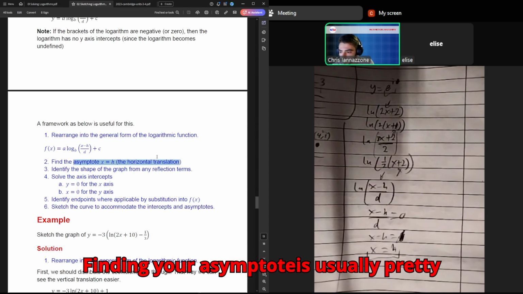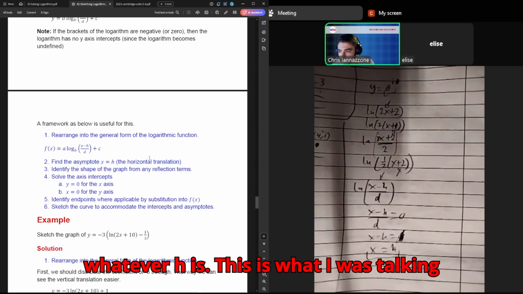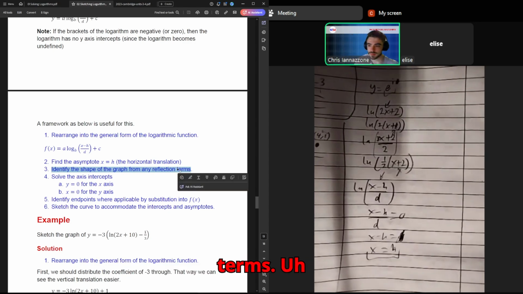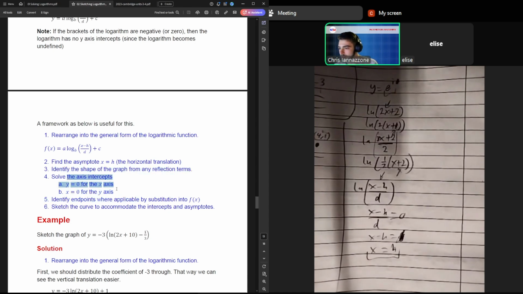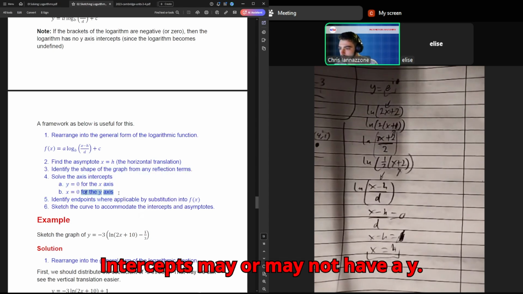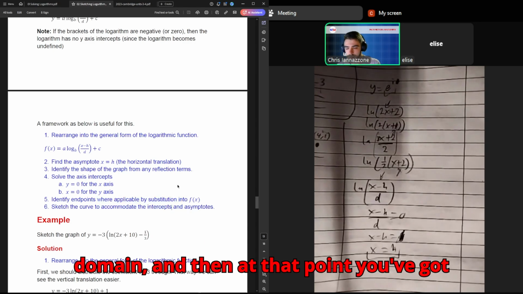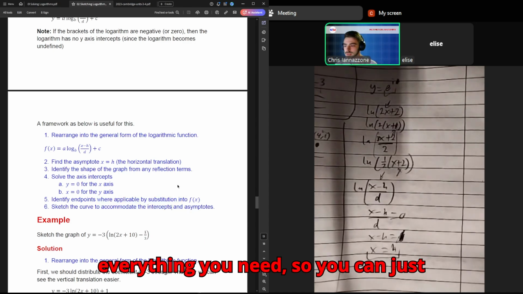Finding your asymptote is usually pretty easy from that point onwards. It's just whatever h is. Then identifying the shape of your graph through the reflection terms. Intercepts may or may not have a y. Endpoint if you have a restricted domain, and then at that point you've got everything you need, and so you can just sketch the curve.